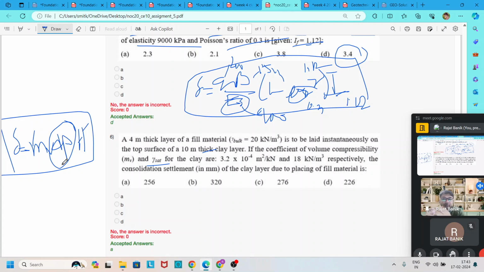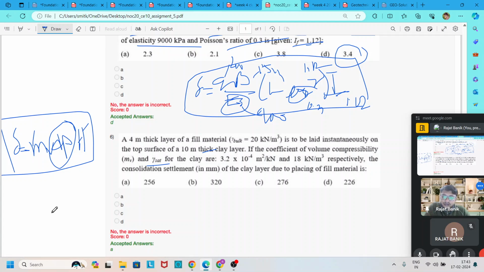Due to this fill material laid down, pressure will be generated on the clay layer, and this pressure is nothing but the pressure of the weight of this 4 meter thick fill material.